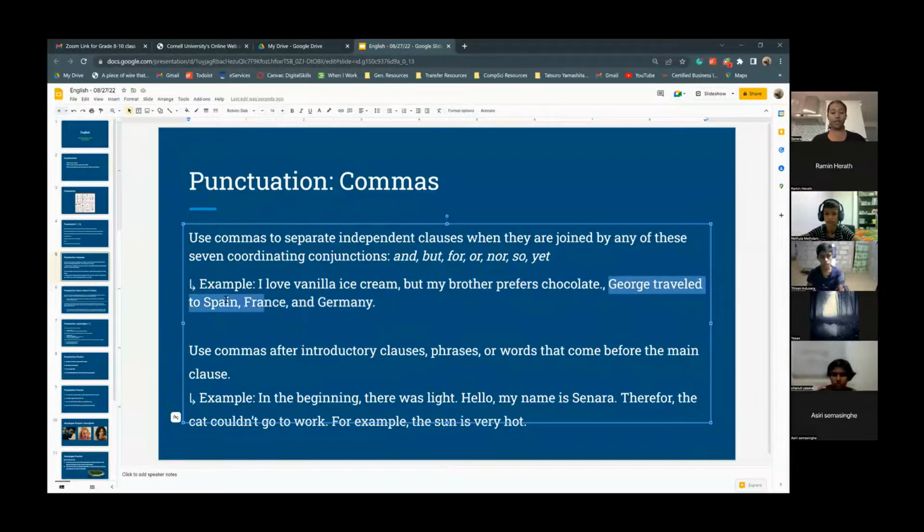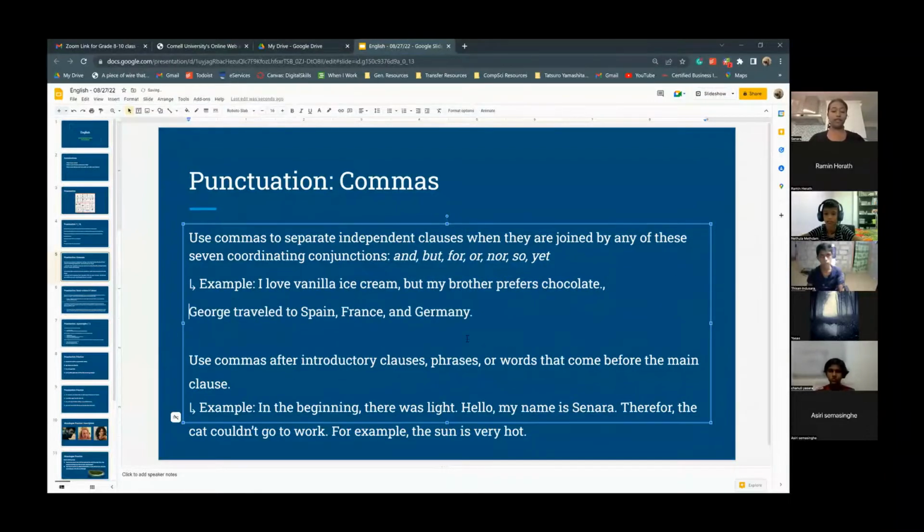And then this right here is basically another way that we can use commas, which is to separate listed words, right? The way we'd use this is to put a comma after every word before the last word.